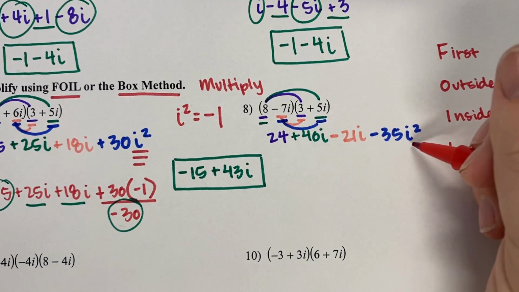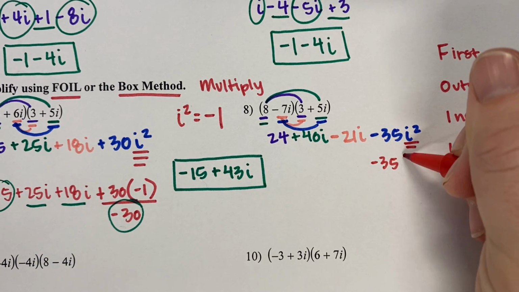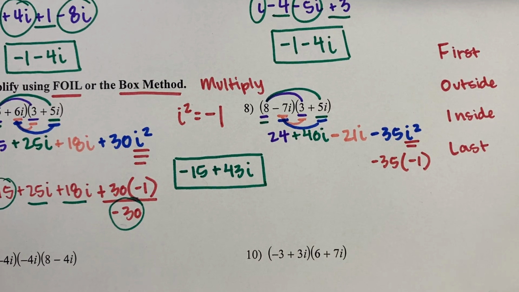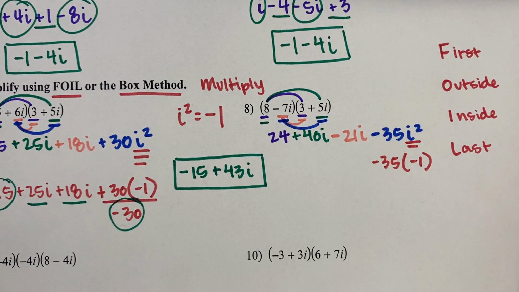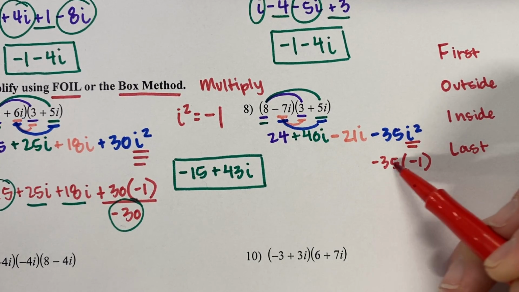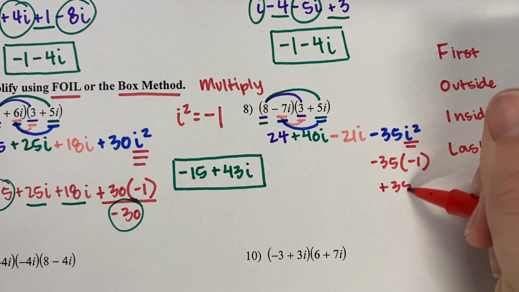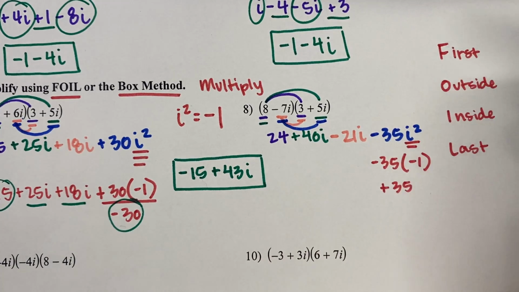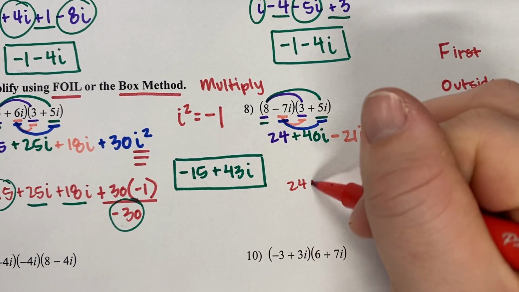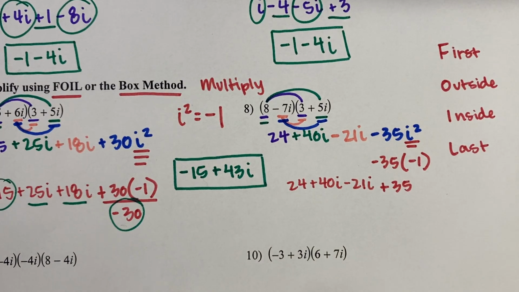So remember our rule, this i squared turns into -35 times a -1. So really, what's -35 times -1? It's going to be plus 35, positive 35. Then I can just rewrite the rest of it out. 24 plus 40i minus 21i.